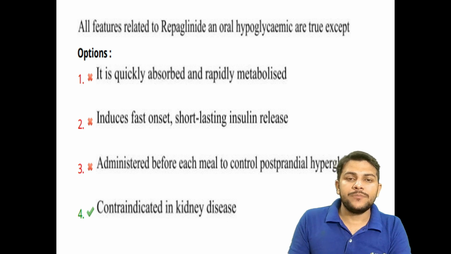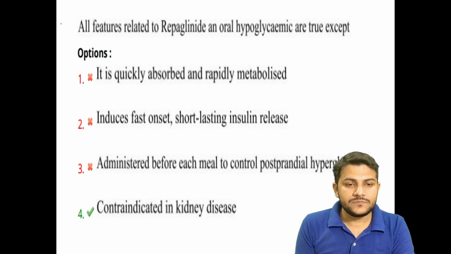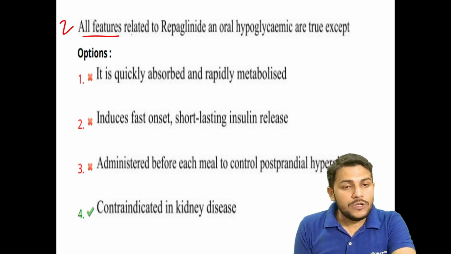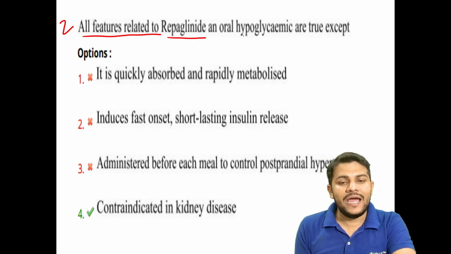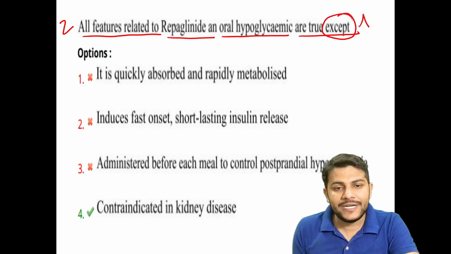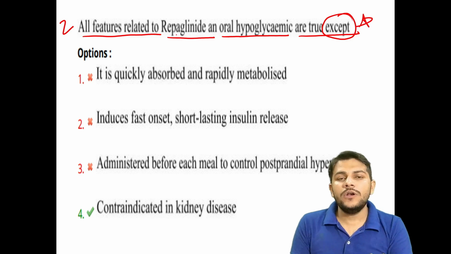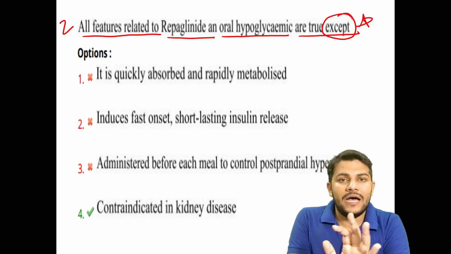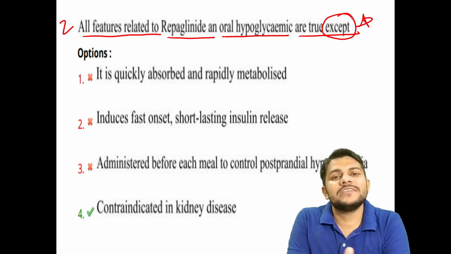So next question, question number 42. The question is that all the features are related to the drug repaglinide except one. So all are true, we just have to find the wrong one related to repaglinide. You all know repaglinide is an anti-diabetic drug, an insulin secretagogue.